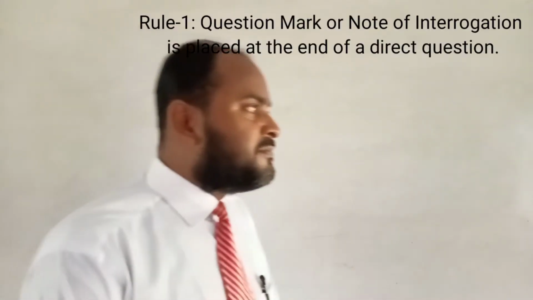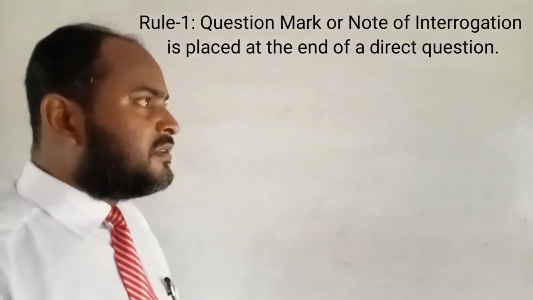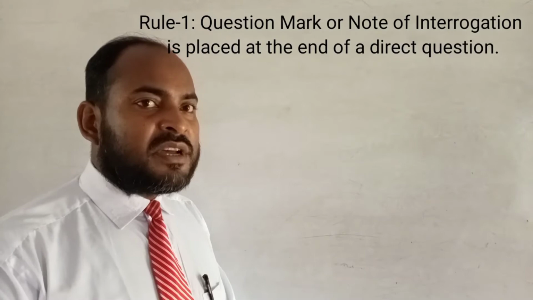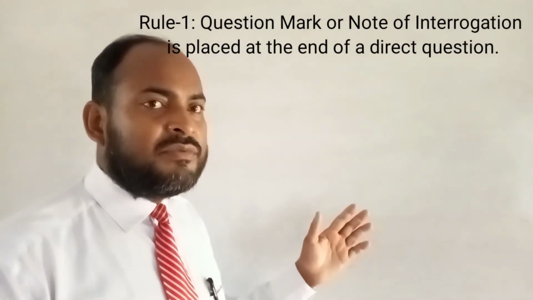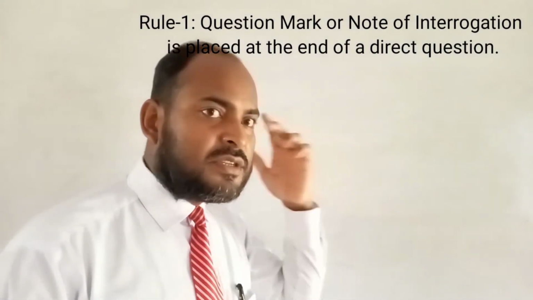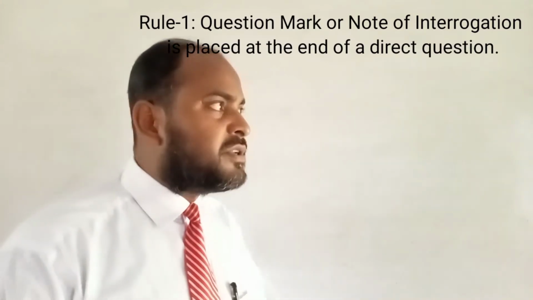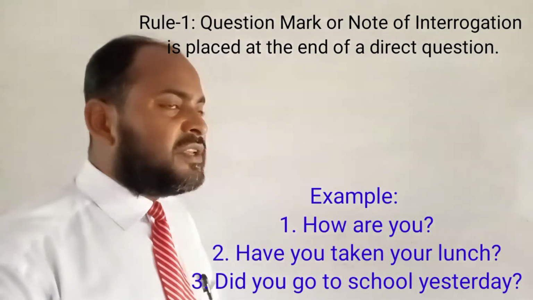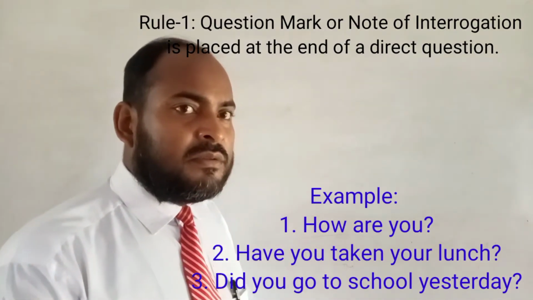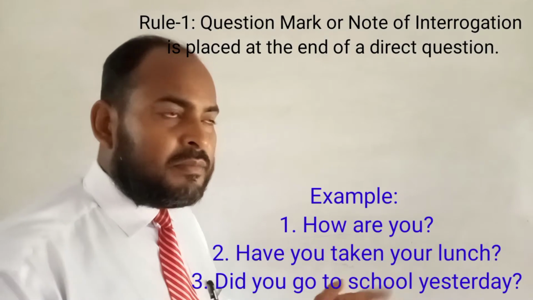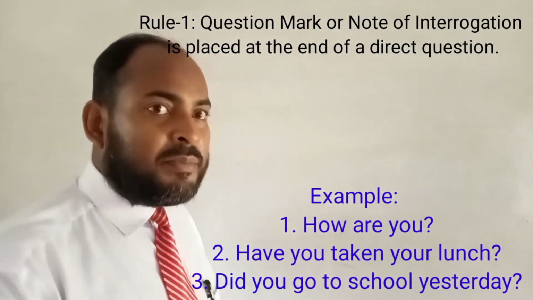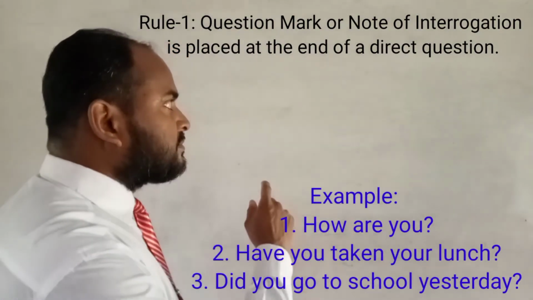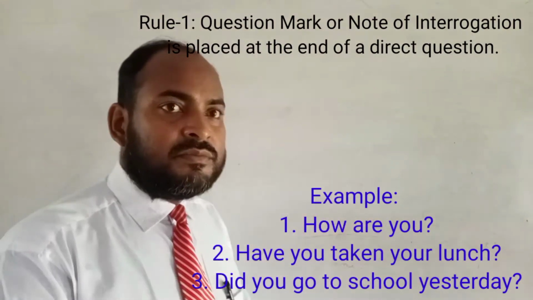Rule number 1. Question mark or note of interrogation is placed at the end of a direct question sentence. At the end of a direct question. My dear learners, if you see an example, then you will be able to clear your idea. Example: How are you?